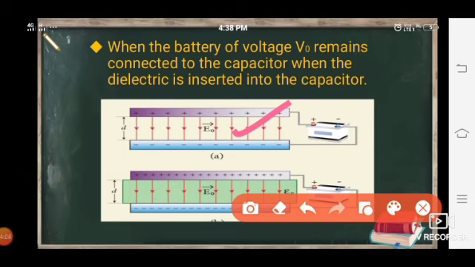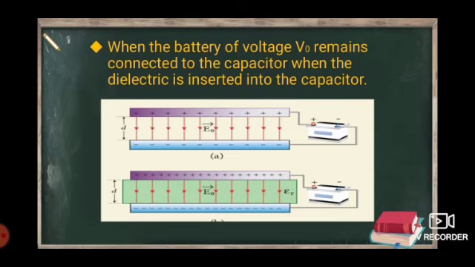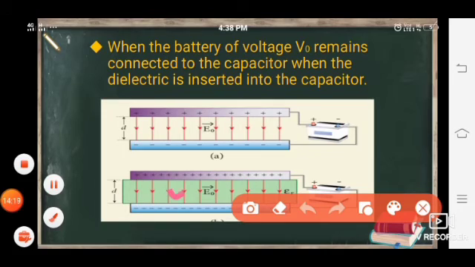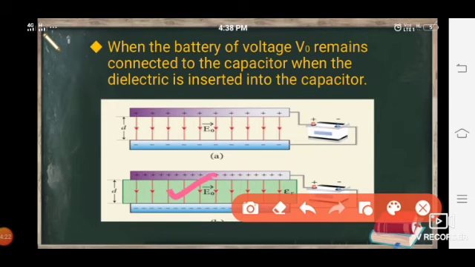Here the electric field is E naught, the potential difference is V naught, and the charge stored on the plate is Q naught. Next the dielectric medium is placed between the two plates of the capacitor, and it has a relative permittivity epsilon r.